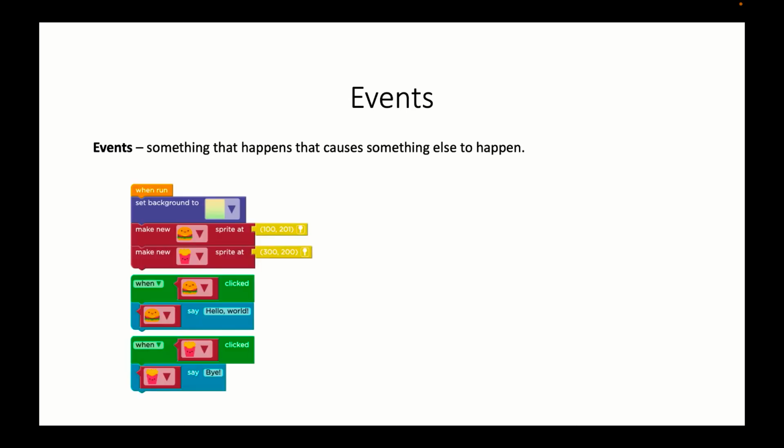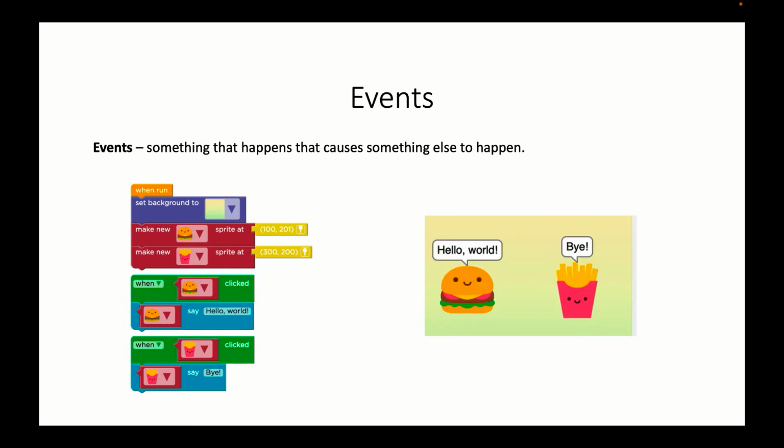The third concept is events. Events are something that happens that causes something else to happen. Events can make interactive media. This program shows that when the hamburger is clicked, it will say hello world. When the fries are clicked, they will say bye.